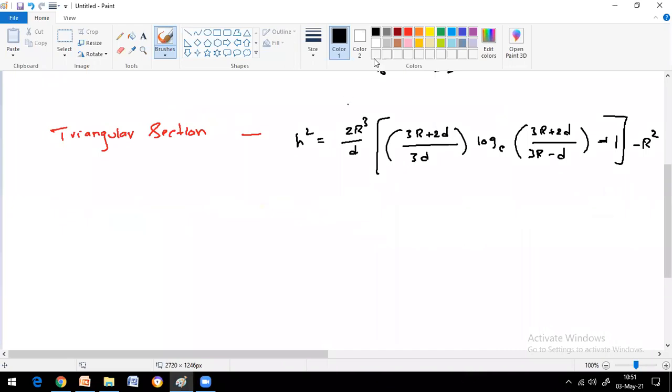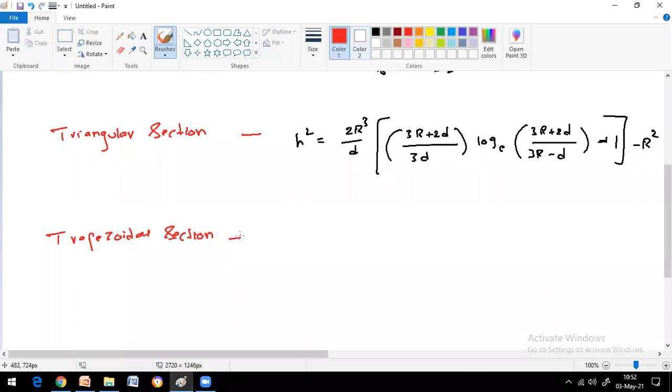And the next one, trapezoidal cross section. I think you all know how circular, rectangle, square, all these cross sections look.